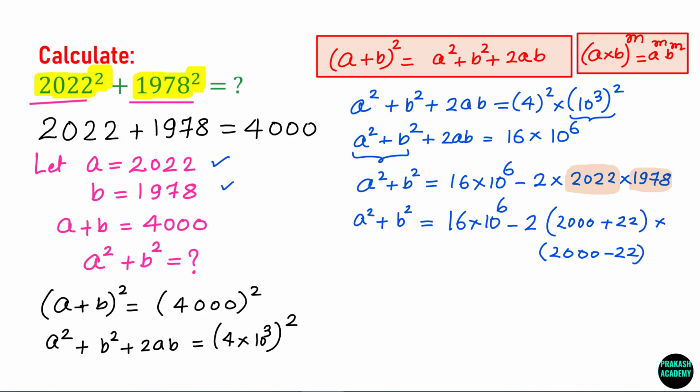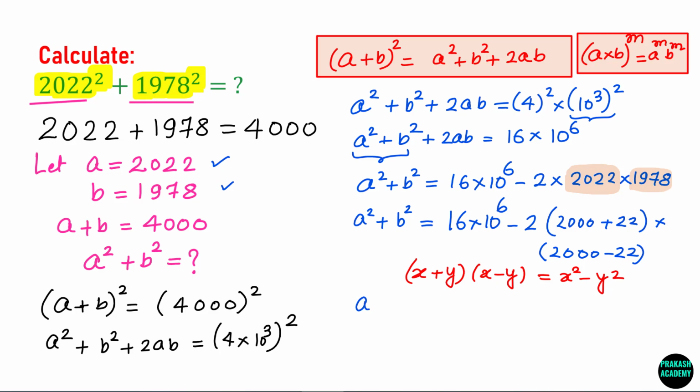Now see, this is the formula a plus b into a minus b, or x plus y into x minus y. If you consider this as x and this as y, this is x plus y and this is x minus y. So this will be x square minus y square. If you remember this formula, x plus y times x minus y is nothing but x square minus y square.